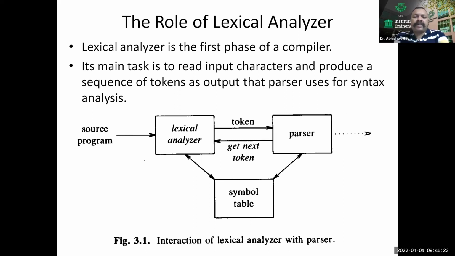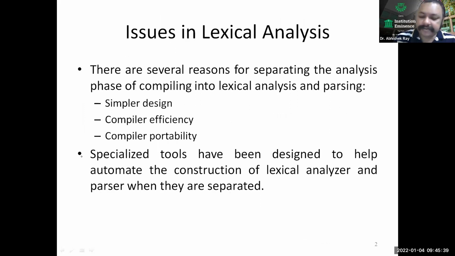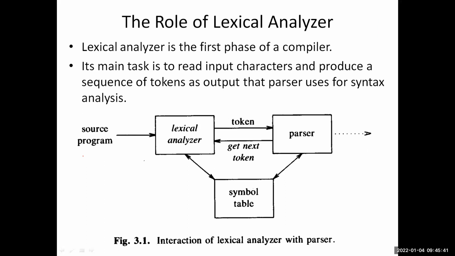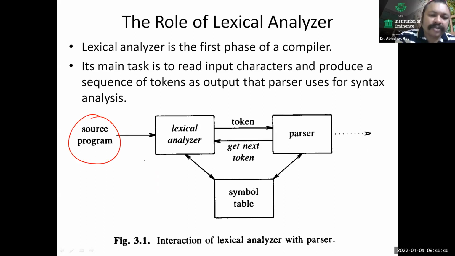One is identification of the tokens, removal of blank spaces, and what else? It has to read the source program, right? So the first task is to read the source program. The last task is to work along with the error handler to display the errors to the users.